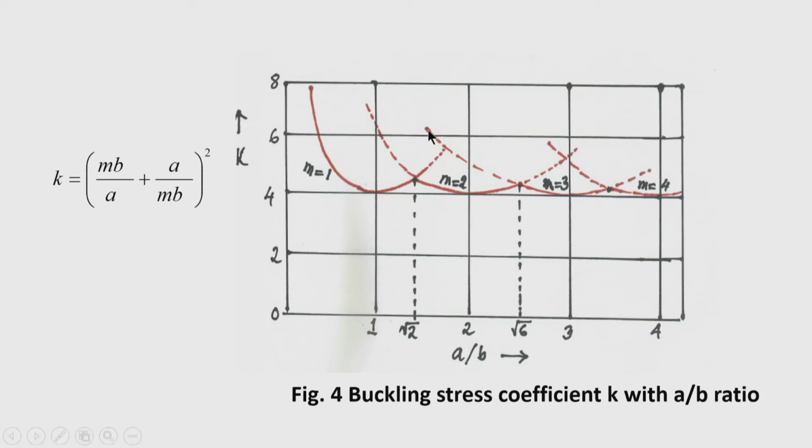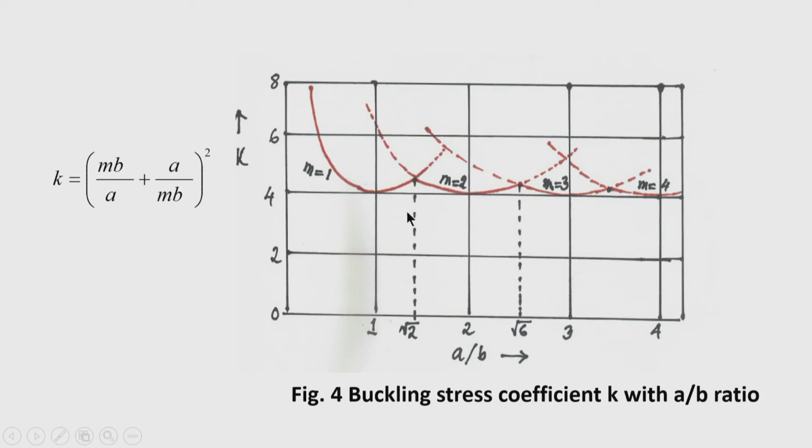Now, similarly for other m we can draw it and we can get the curve, neglecting the upper portion of the curve. So, the buckling curve is now taken like that. So, these are the buckling curves which are formed by joining the lower branches of the curves. Okay.